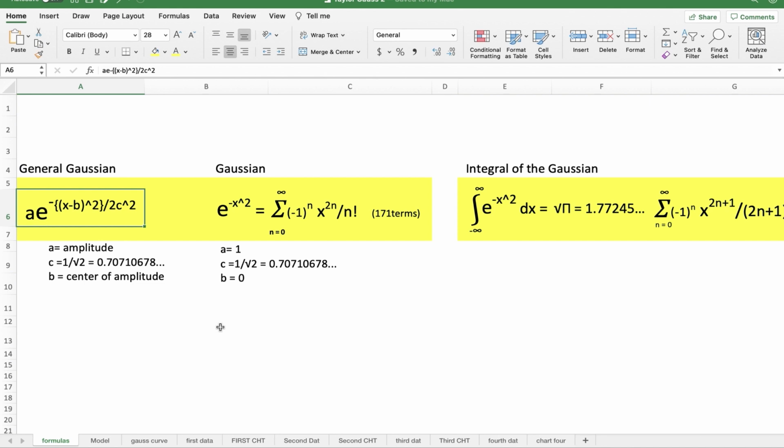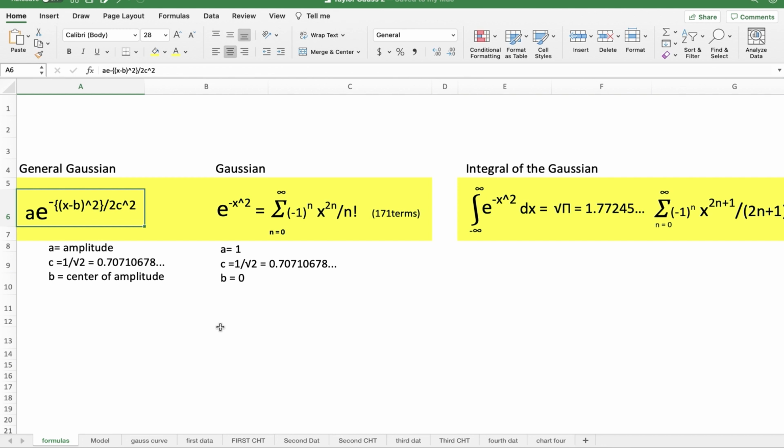Y equals a times e raised to the x minus b squared divided by 2c squared. And that is the general form of a bell curve.